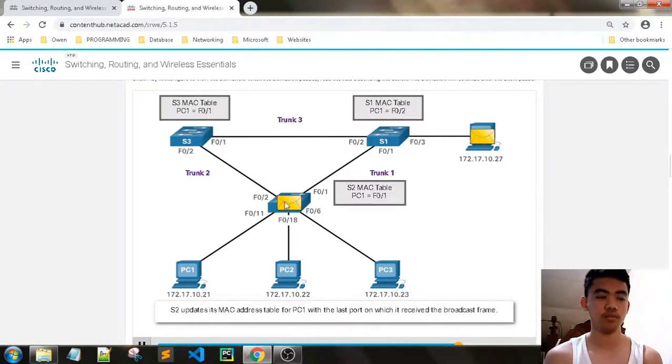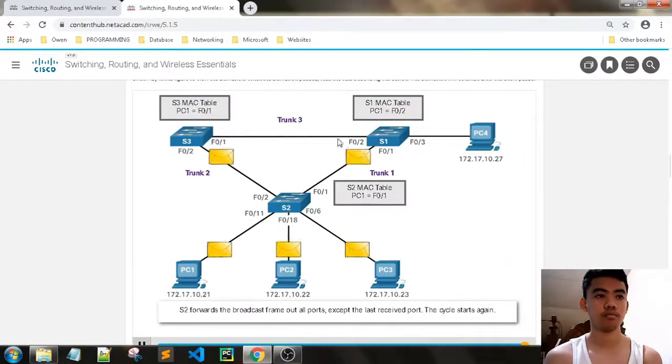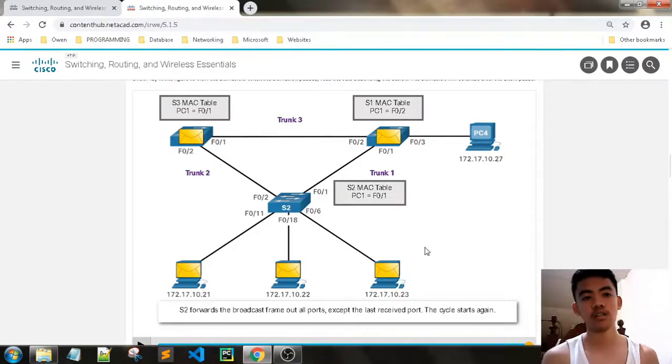The frame will come back on this port, then we flood the port again. So the cycle starts again.